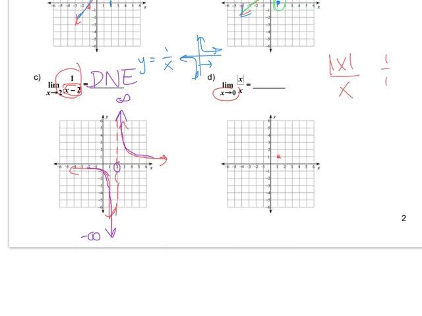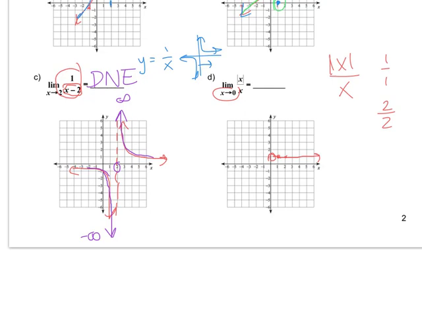If I plugged in 2, it would be absolute value of 2 over 2, which is 1. If I plugged in 3, it would be 3 over 3, and so on. So this function looks like that on that side. I can't plug in 0, but everywhere else besides 0, it's going to equal 1 for the positive values of x.